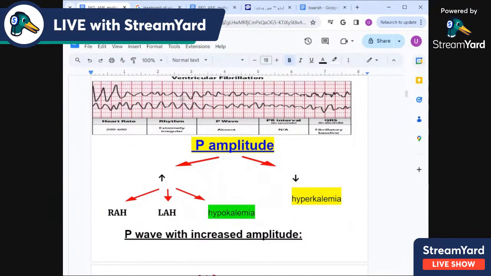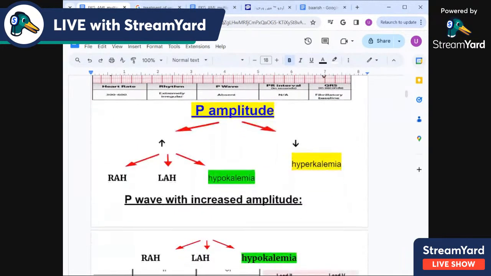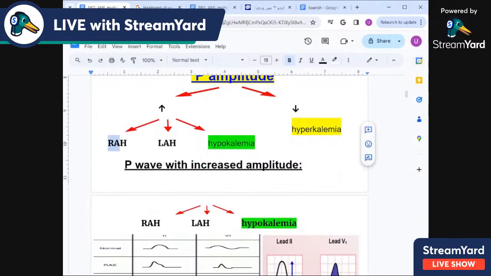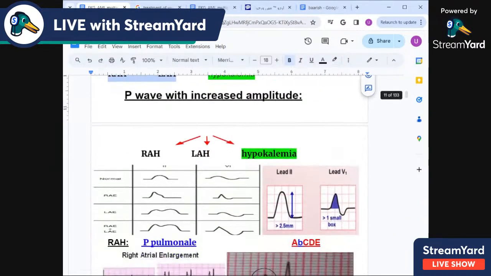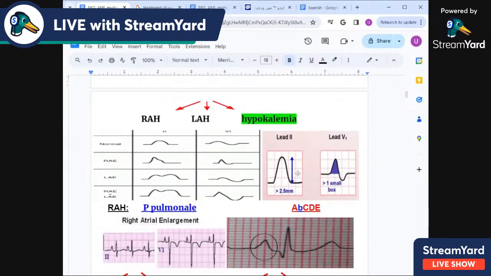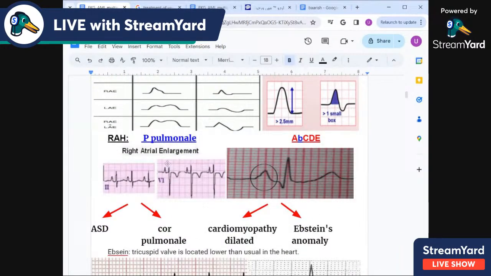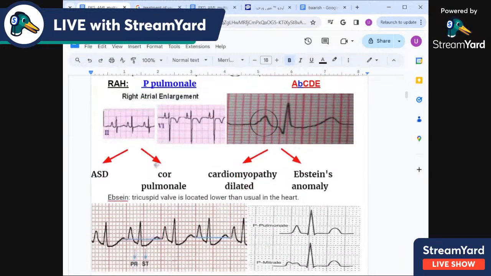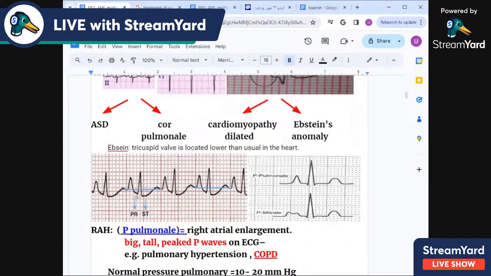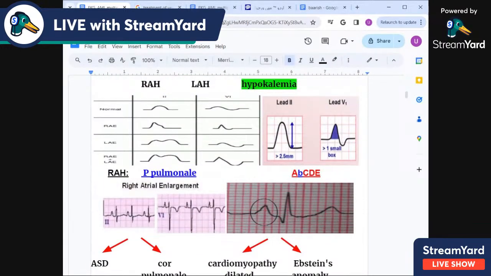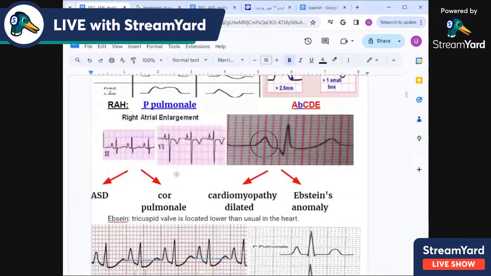So all these conditions: absent P wave, then P wave amplitude increase and decrease, and right atrial and left atrial hypertrophy. In right atrial hypertrophy, tall peaked P wave with more voltage and duration, and in left atrial hypertrophy, we had a biphasic P wave of more than 40 milliseconds. We discussed the causes of P pulmonale and P mitrale.